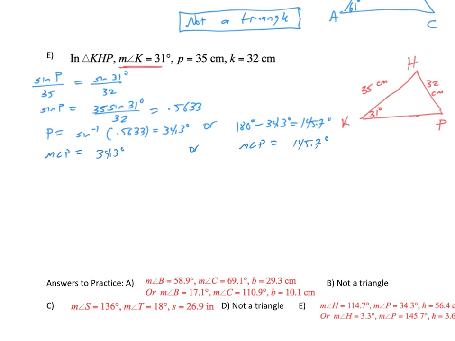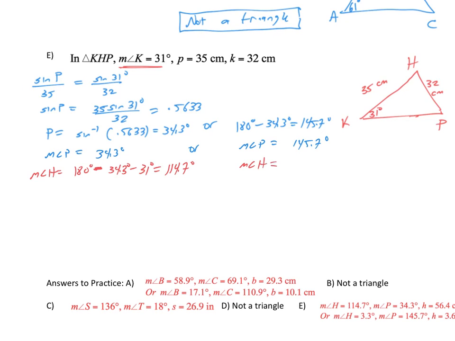Let's find the third angle in this case, which will be angle H. So the measure of angle H will be 180 degrees, that's how many degrees are in a triangle, minus angle P that we just found, 34.3 degrees, minus angle K, which is 31 degrees. That turns out to be 114.7 degrees.